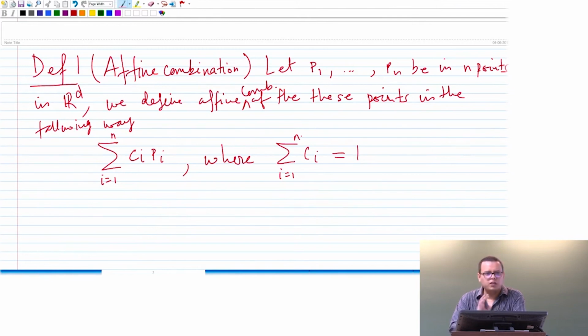Okay. What will this give you? This will give you the smallest dimension flat that contains these n points. Okay. It may end up being the whole of R^d, or it may be a hyperplane in R^d, so a flat of dimension d minus 1 or a flat of dimension d minus 2.